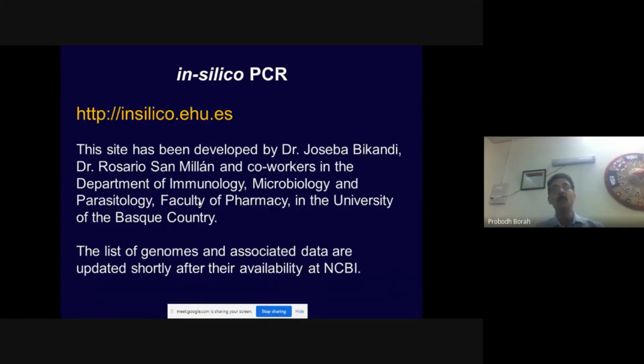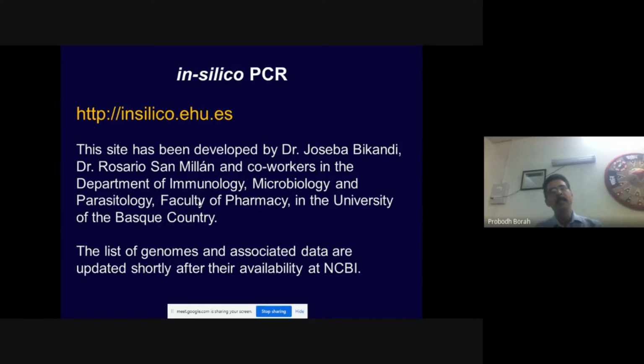That means we go for searching for alignment. So it is also similar to alignment search, but in silico PCR platforms or software have been created. There are more than one variety available now.